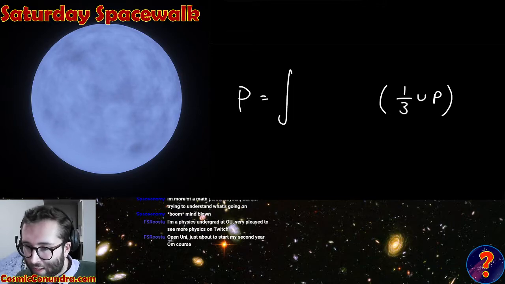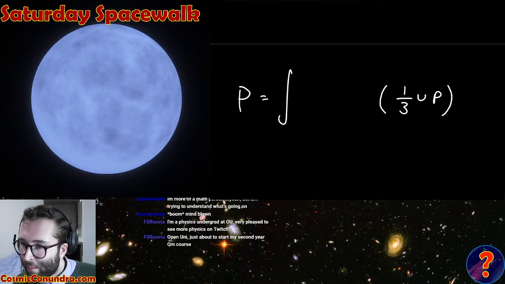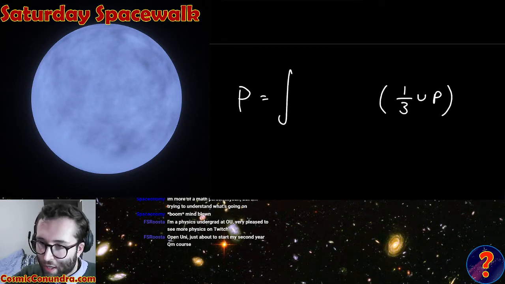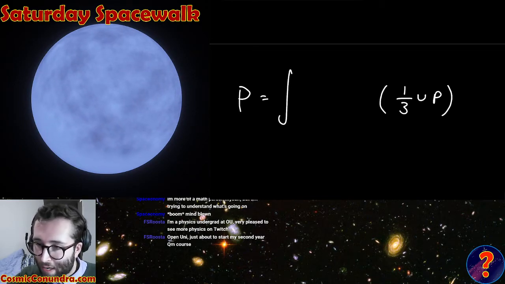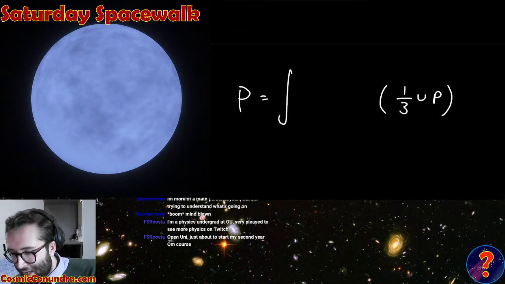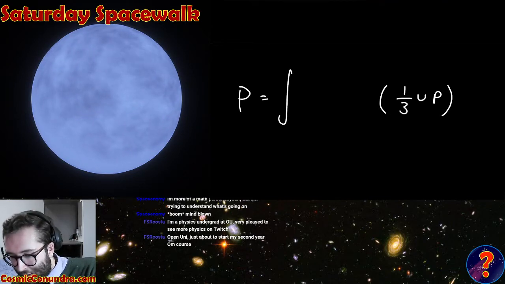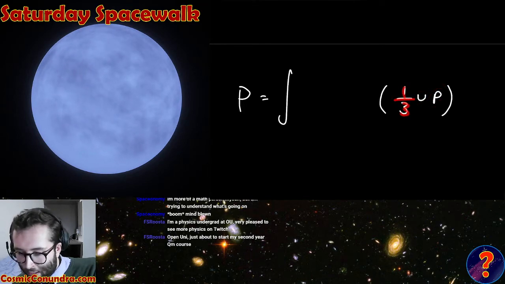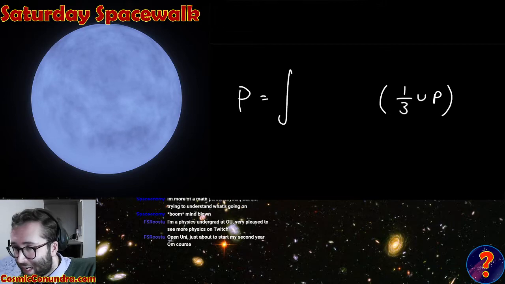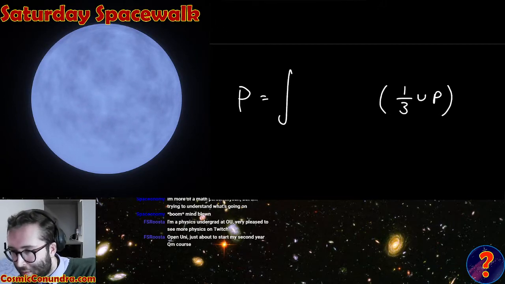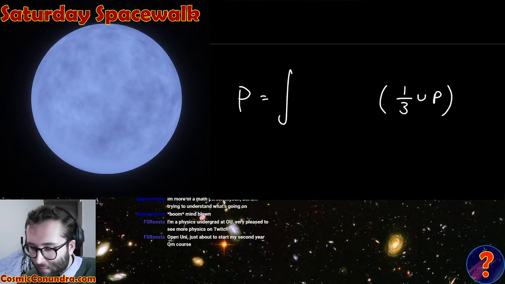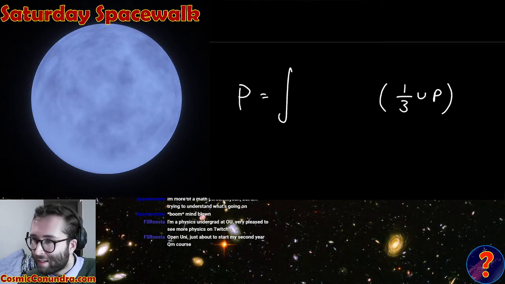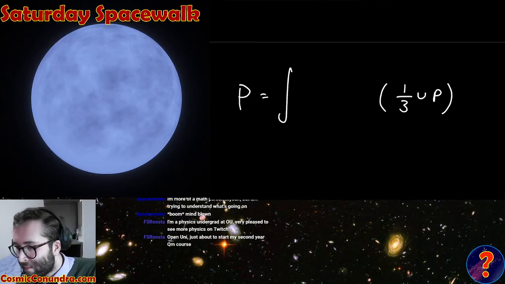The pressure on a surface you can equivalently think of as the rate of momentum transfer through the surface, how much momentum is flowing through the surface. So we're fluxing the momentum through the surface, and the factor of a third is a geometric factor because we're considering an isotropic gas. Sorry, an isotropic gas, not a spherically symmetric gas, because actually that wouldn't be isotropic.